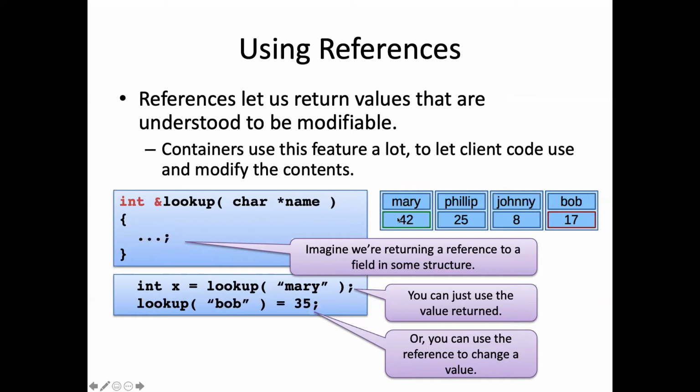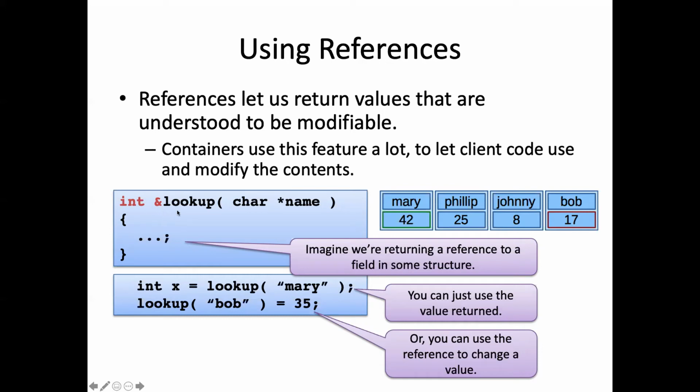And that's what I printed out here. So maybe Mary is my first name with a value of 42 and a bunch of other names on my list. Let's say I wanted you to be able to look up names and get the value associated with them, but I didn't want to just give you a copy of that value. Let's say I wanted to make it so that you could either use that value if you wanted, or you could change that value if you wanted. That's what return by reference lets you do.